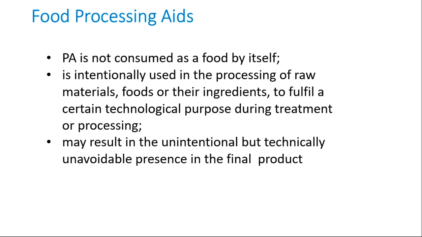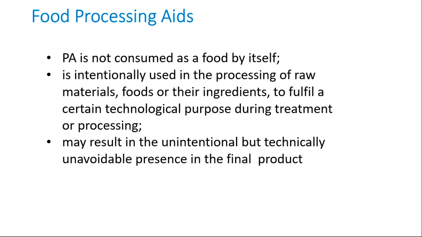The processing aid is not consumed as a food by itself. It is only used in the processing of raw materials, foods, or their ingredients to fulfill a certain technological purpose, and it may result in unintentionally being present in the final product.